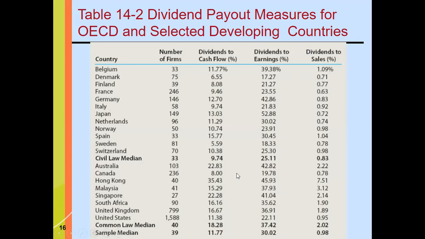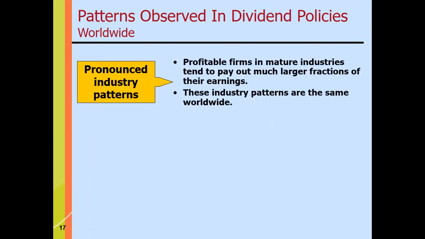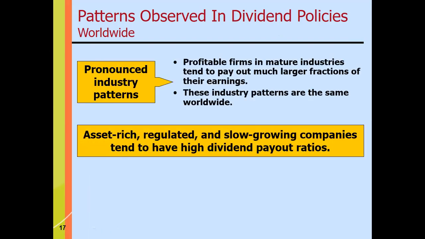So dividends to earnings, this is the dividend payout ratio. Civil law is this one, and then common law is this one. So common law is really higher than civil law. Patterns observed in dividend policies worldwide, continued. There are pronounced industry patterns.